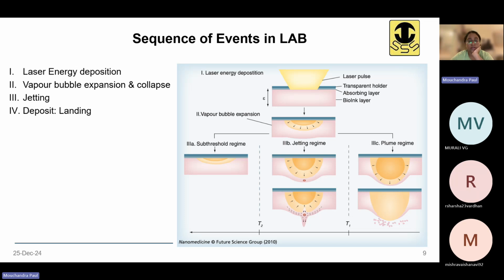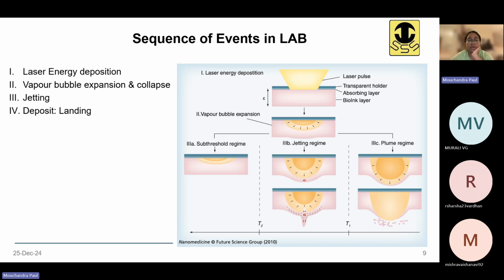Whereas when gamma is less than gamma 1, the vapor bubble that is getting formed is forming at a very violent rate. It is increasing in size at a very high speed, and it reaches the free surface of the bioink very quickly.